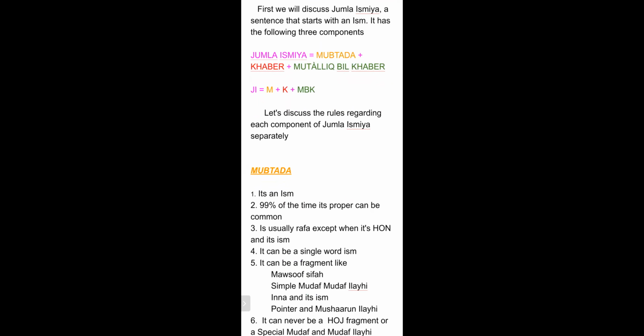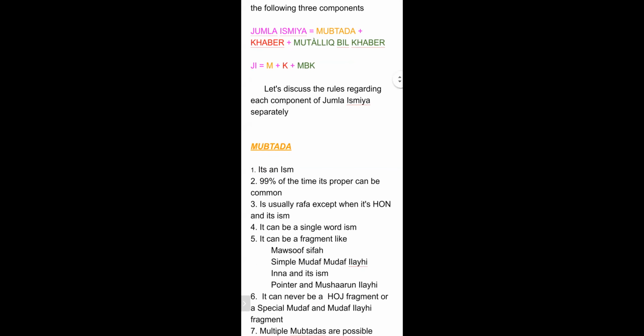Number one is the Mubtada, number two is the Khabar, and number three is the Muta'alliq bil Khabar. As we know, a simple Jumla Ismiya will only contain isms. Mubtada will be an ism, Khabar will be an ism, and Muta'alliq bil Khabar will be a fragment. We'll do MBK when we get to it.